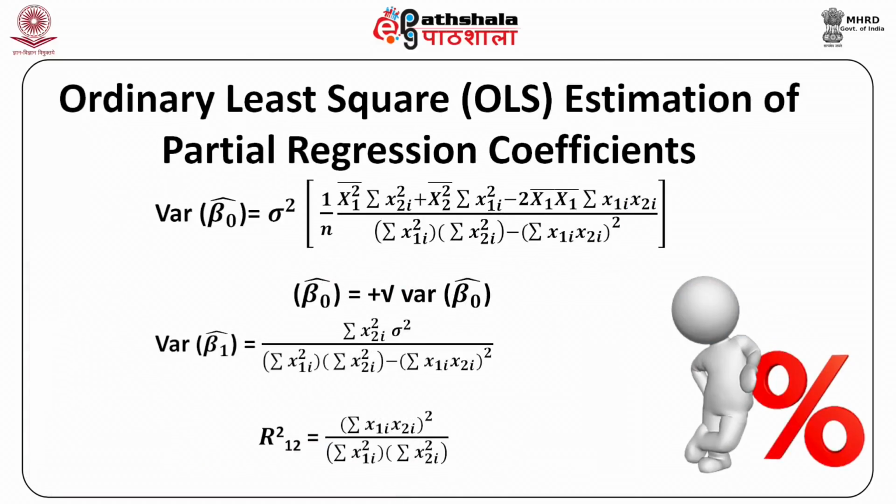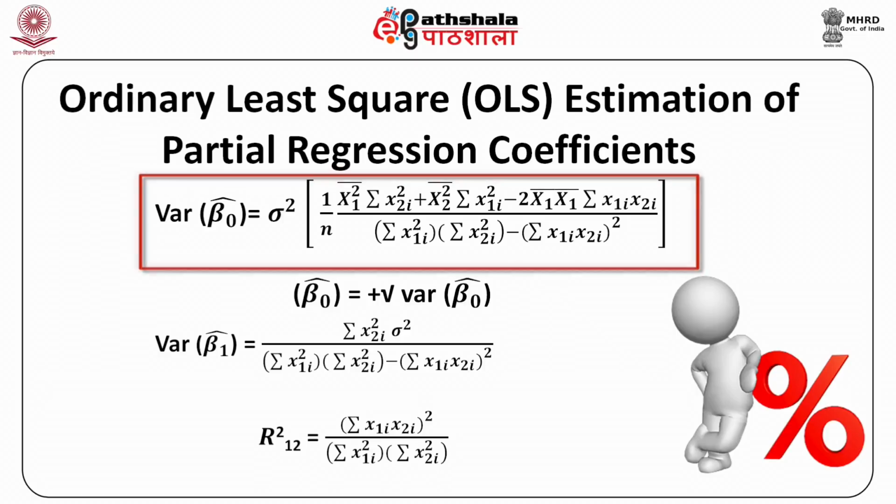Variance and standard error of OLS estimators. The standard errors of OLS estimators are required to form two important statistical inferences: to construct confidence limits and to test statistical hypotheses. Variance of beta hat 0 is equal to sigma squared times the bracket of 1 by n plus x bar squared 1 summation x squared 2i plus x bar squared 2 summation x squared 1i minus 2 x bar 1 x bar 2 summation x1i x2i, all over summation x squared 1i into summation x squared 2i minus summation x1i x2i the whole squared.